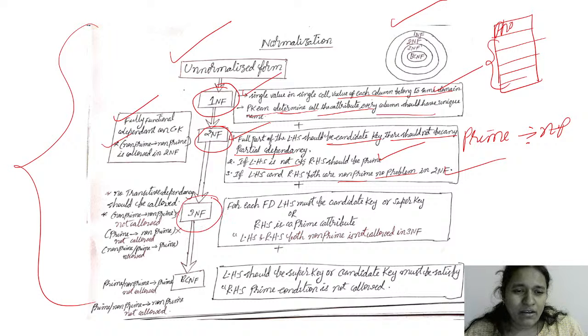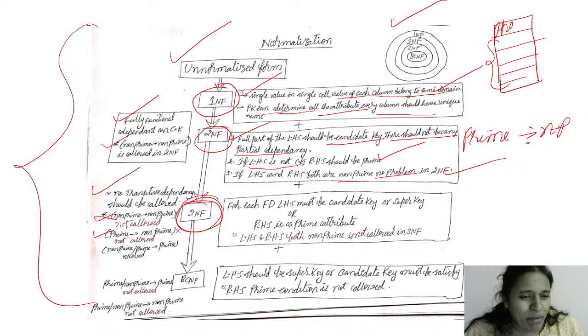Then in 3NF, no transitive dependency should be allowed. If any transitive dependency is there, we have to remove it. Non-prime to non-prime is allowed in 2NF, but in 3NF non-prime to non-prime is not allowed.